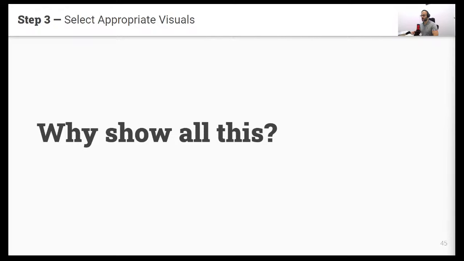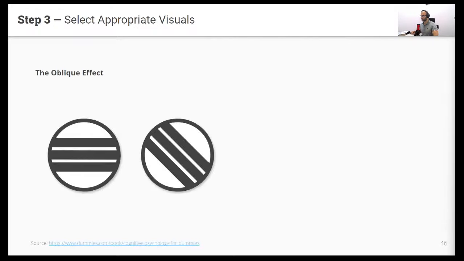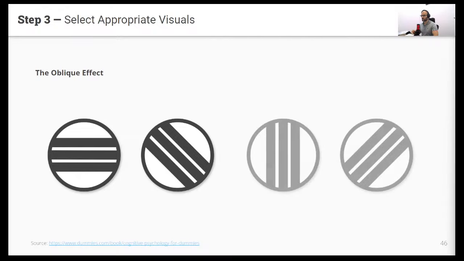So I will show two images, and I would like you to think about which one is more pleasant to look at. So if we move on to the next one, which one is more pleasant to look at?